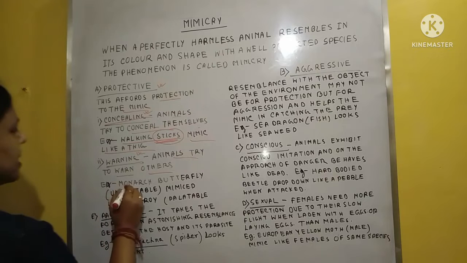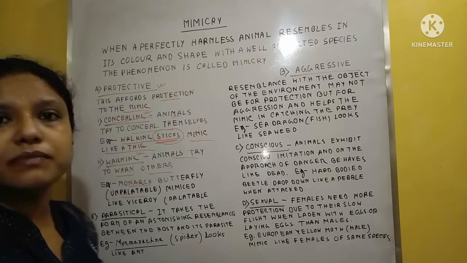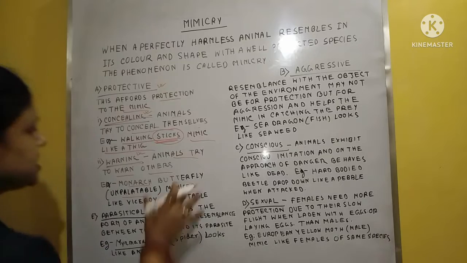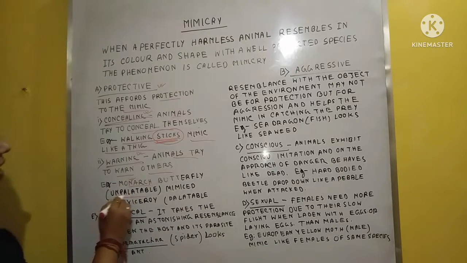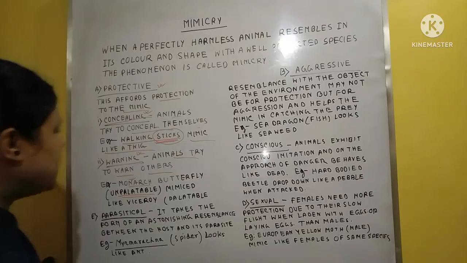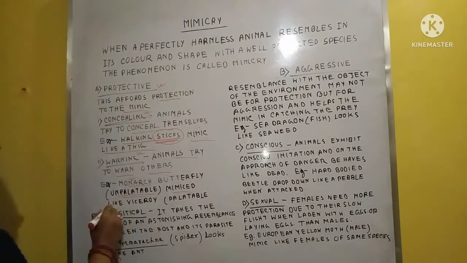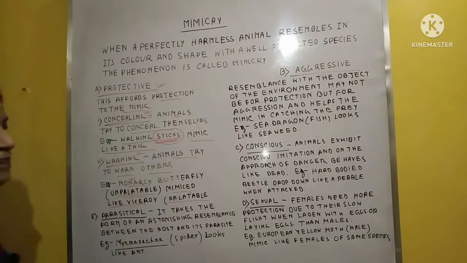This monarch butterfly is actually unpalatable. Birds are mainly the predators of this butterfly. So monarch butterflies are very unpalatable, or not tasty, you can say, and they mimic the viceroy, the palatable one.